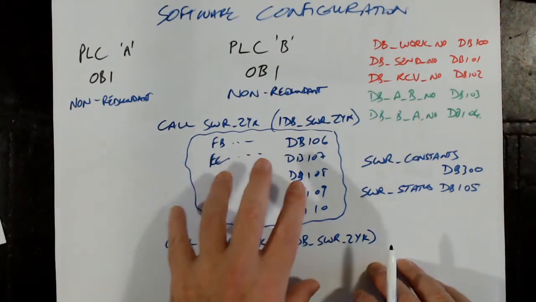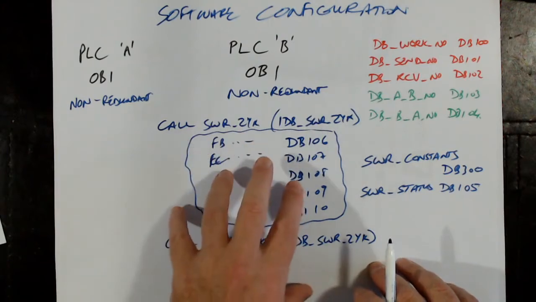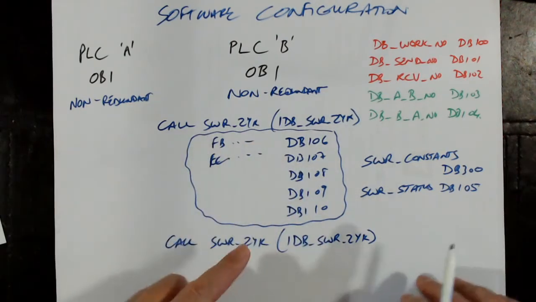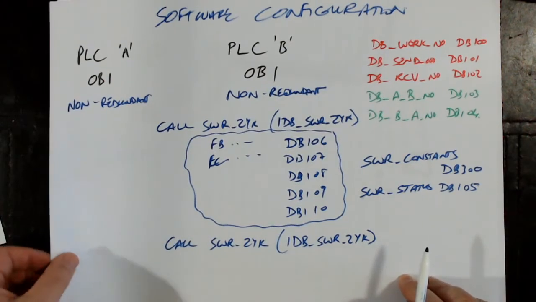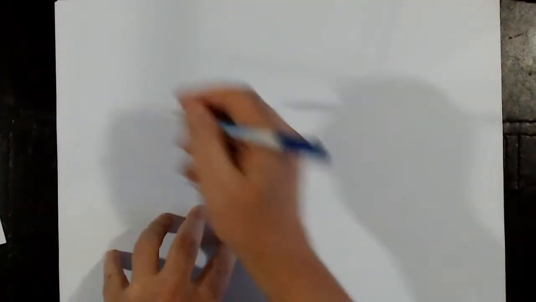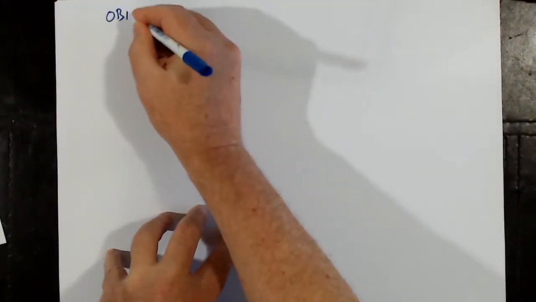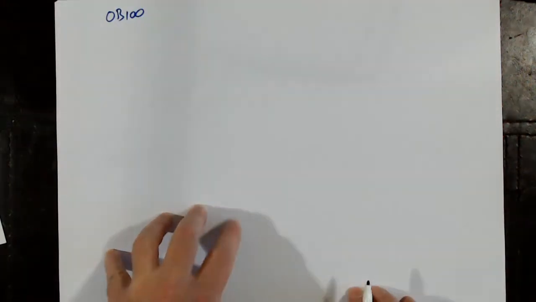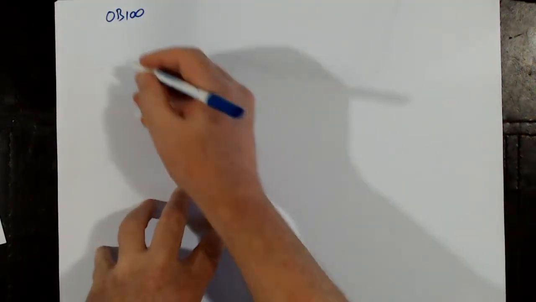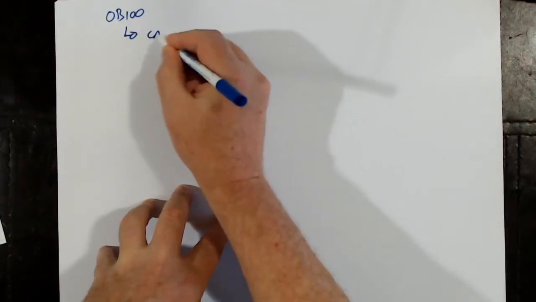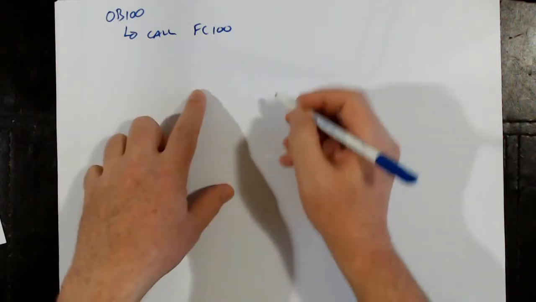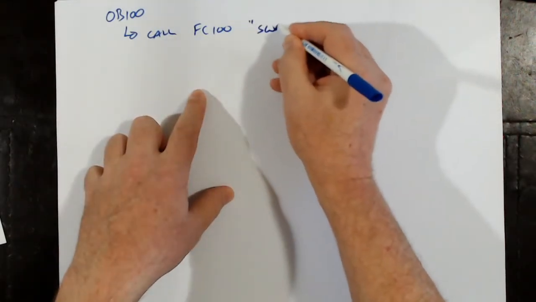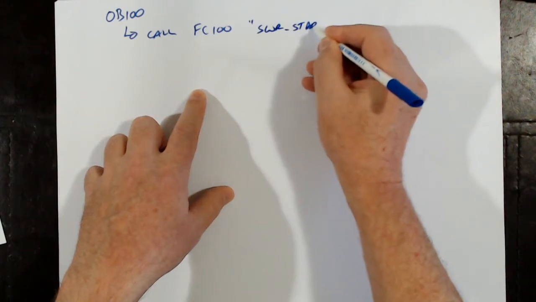Up to now we've been talking about software and hardware configuration and how it all fits together and how the program works. Now we can look at how the program is actually set up and started right from the beginning. In OB100, the first block of your user program that the PLC runs when it starts up, we make a call to FC100, part of the software redundancy package, called SWR start.